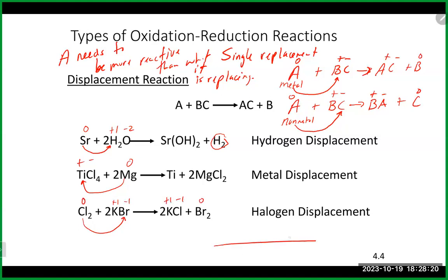In this case, for the bottom one, the chlorine is starting at 0 and ending at -1, which means it is becoming more negative, is being reduced. The bromine here is actually starting at -1, which would be like here, and ending at 0, which means it is being oxidized in this particular case.